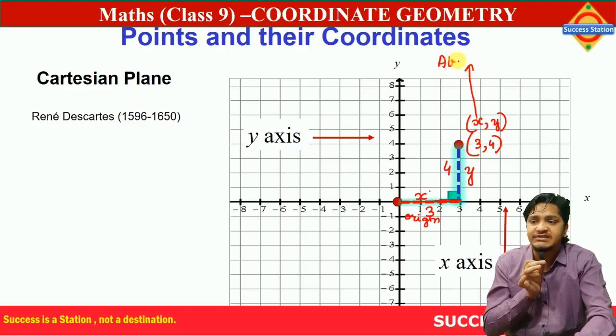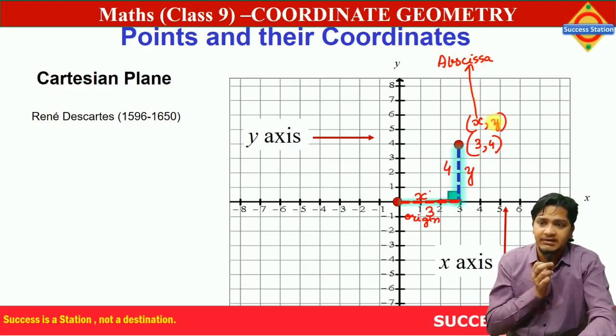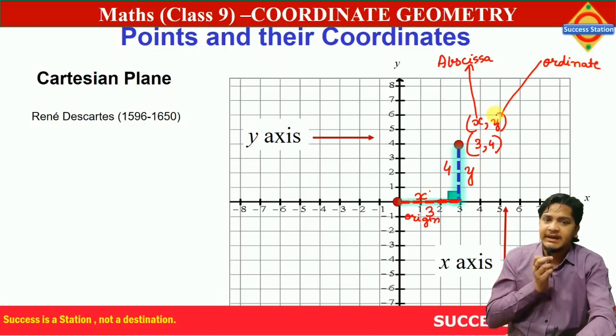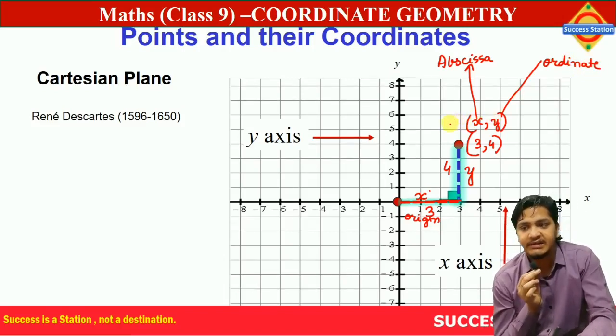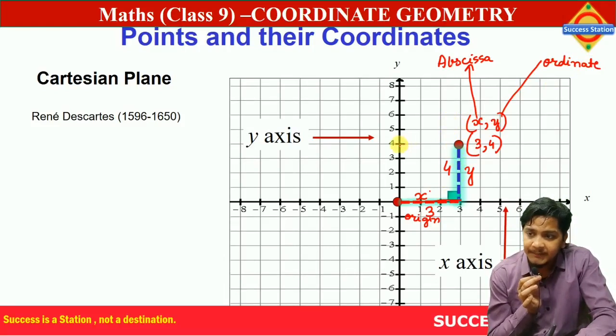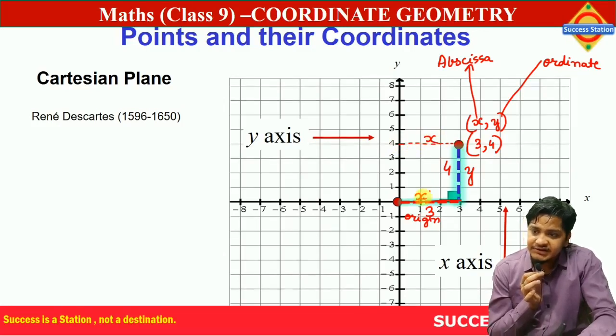So this is called abscissa, and this is called ordinate. X, or the horizontal distance of the point, this distance and this distance will be the same because they are perpendicular, right?